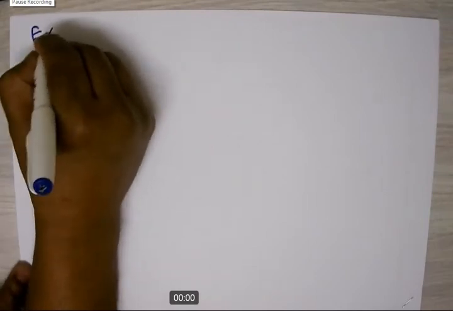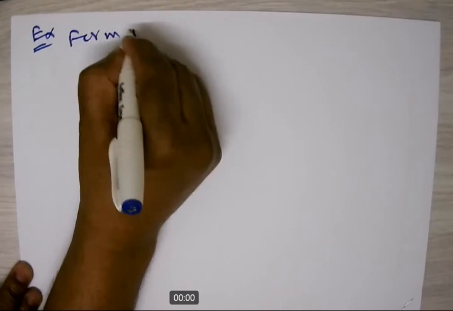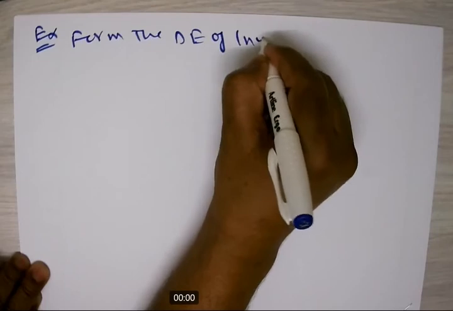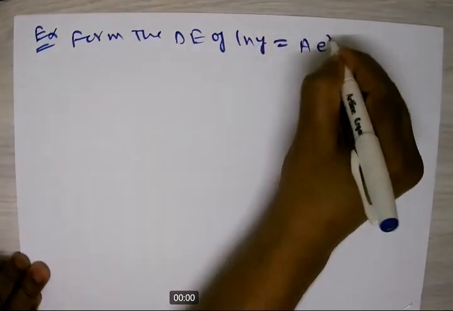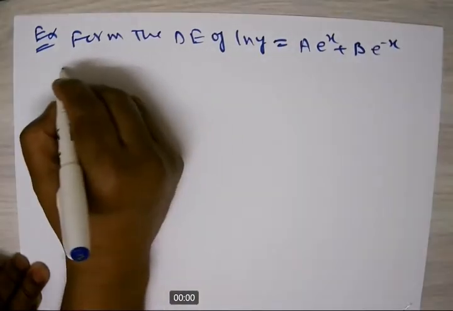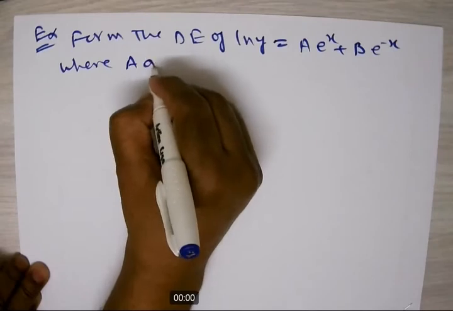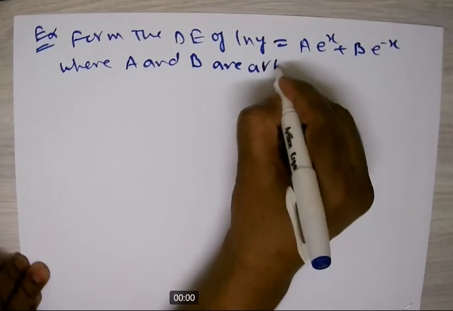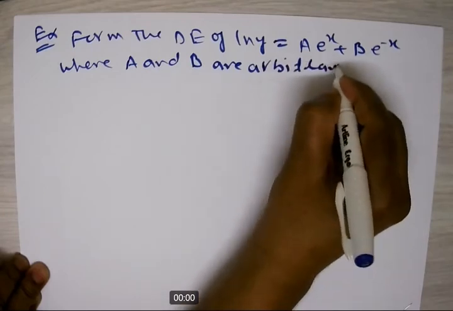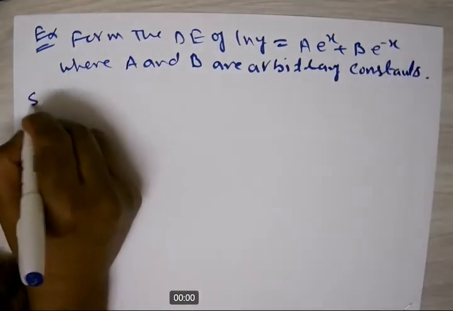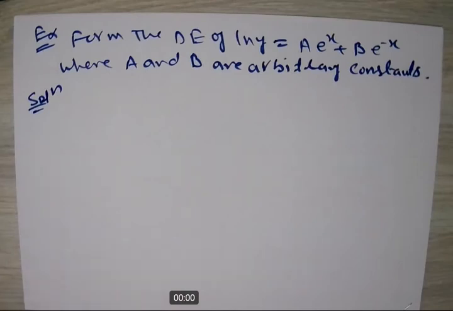Second example is, form the differential equation of the function ln y = A eˣ + B e⁻ˣ, where capital A and capital B are arbitrary constants. So what is that arbitrary constant means here?